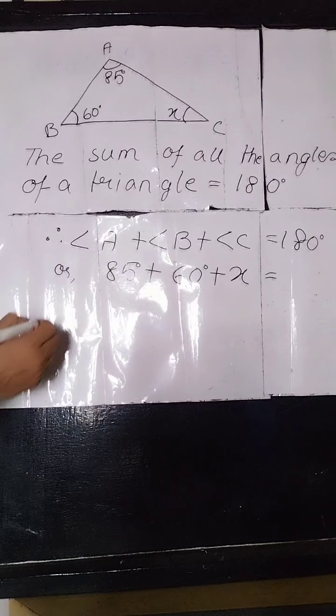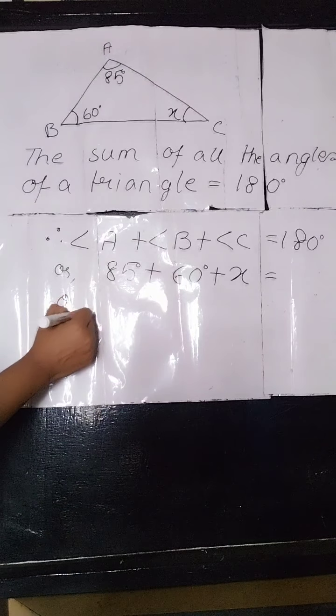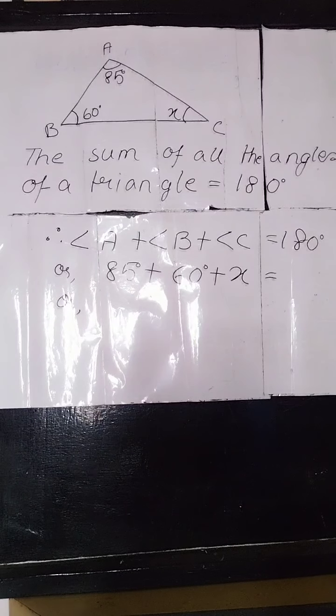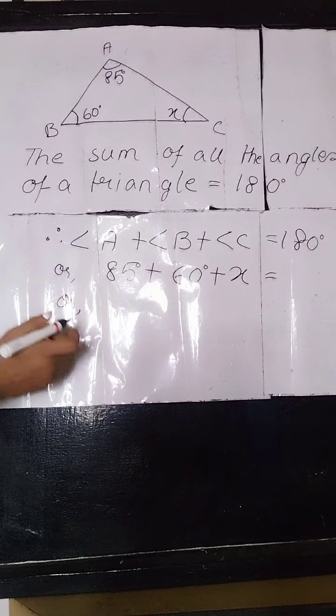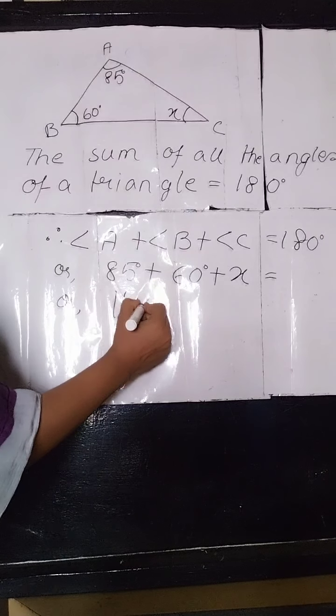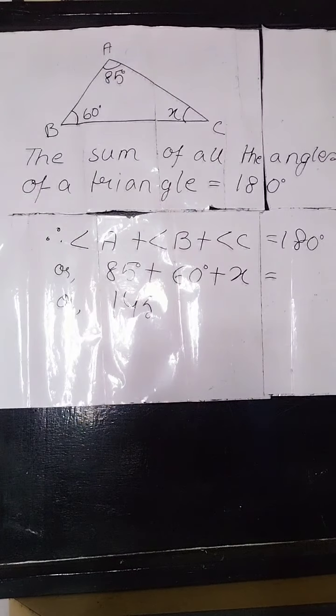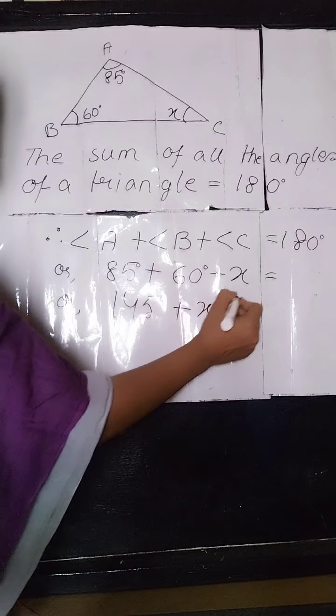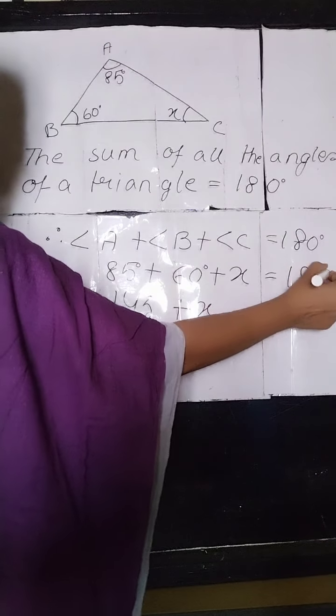So how will you do this? You have to add 85 degree and 60 degree, which gives you 145 degree. 145 degree plus X equals 180 degree.